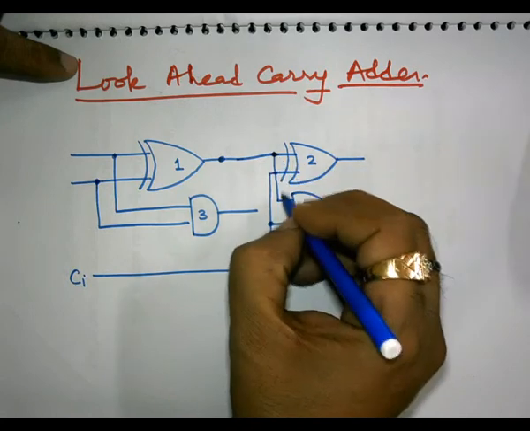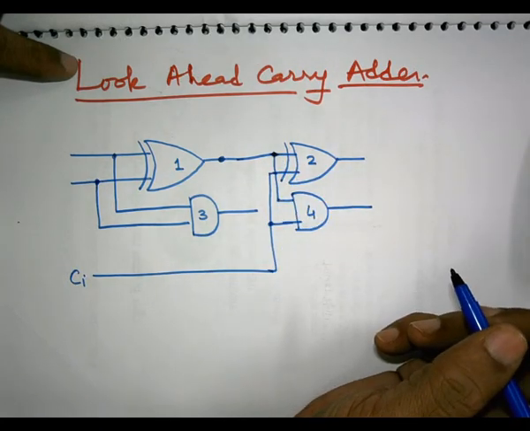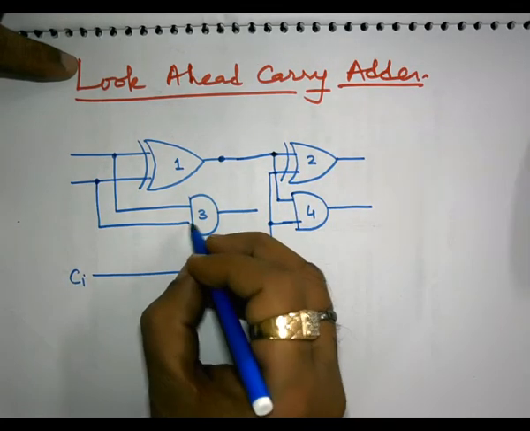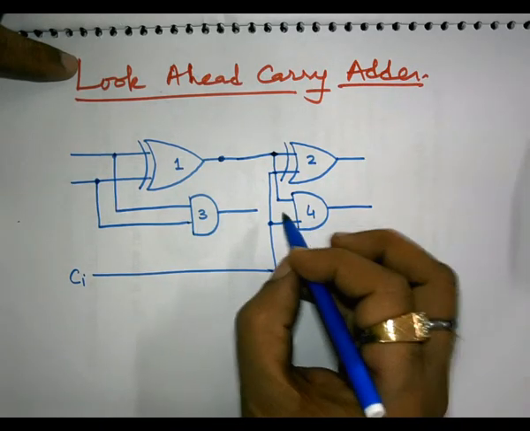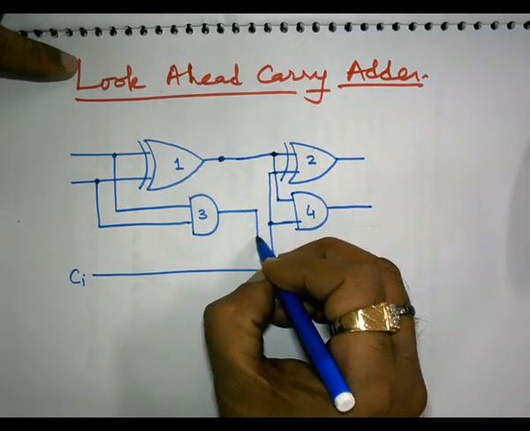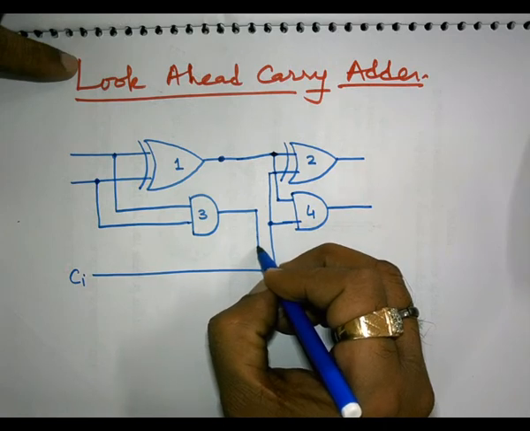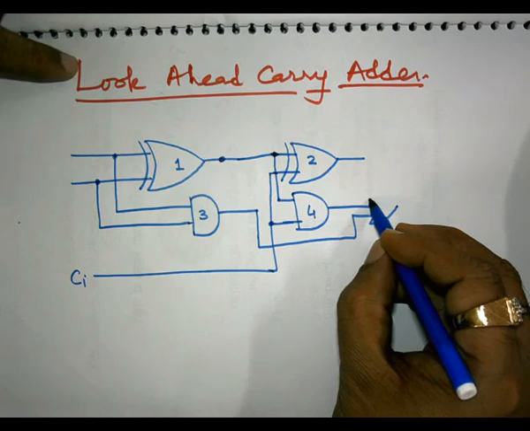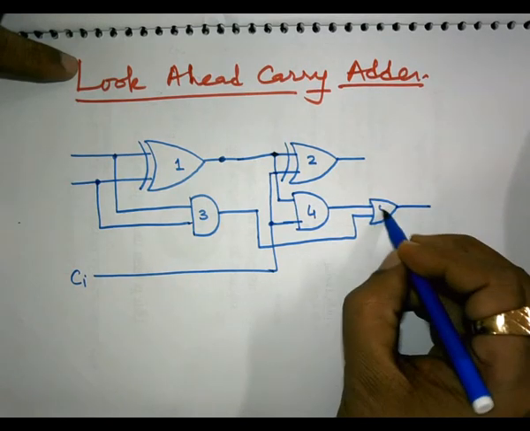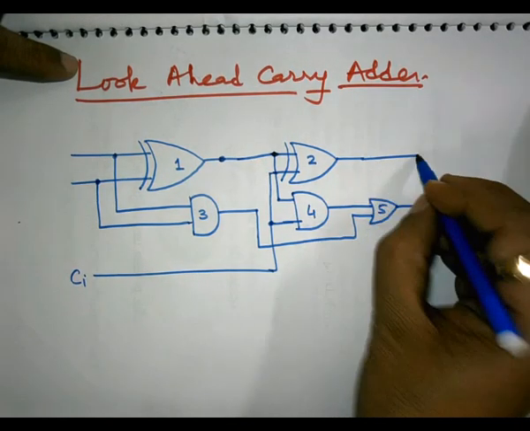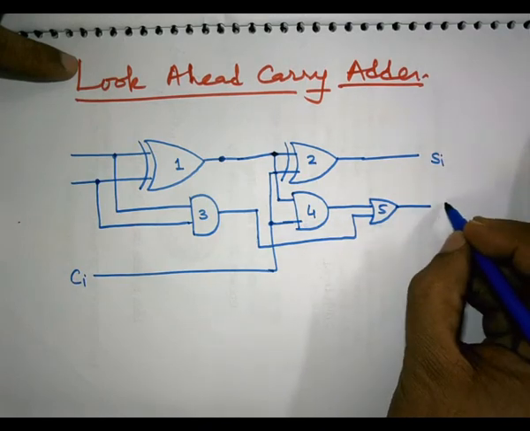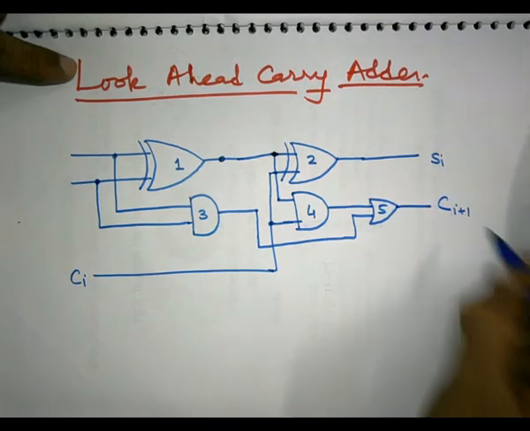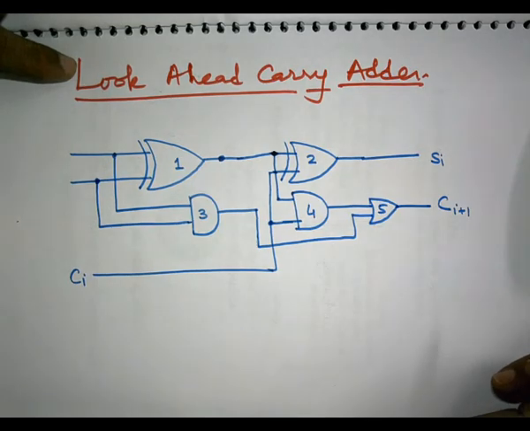And one of the inputs of gate number 4 is connected with the output of gate number 1, and the output of gate number 4 and output of gate number 3 are combined together to form the input of gate number 5, which is an OR gate. So this is giving the final sum and this is giving the carry for the next position. This is the circuit of the full adder that we are employing in our parallel adder circuit.